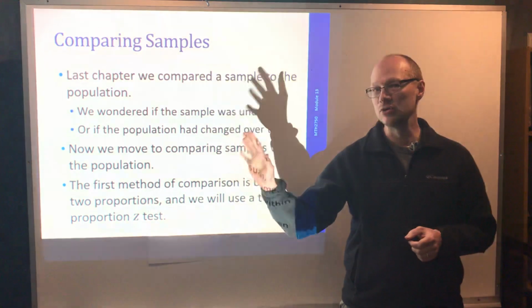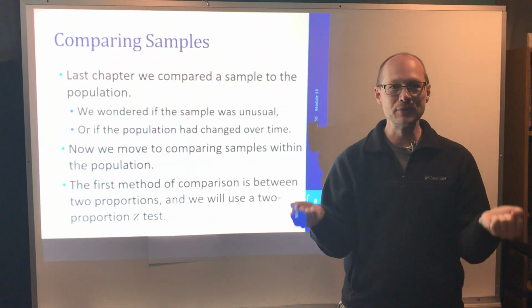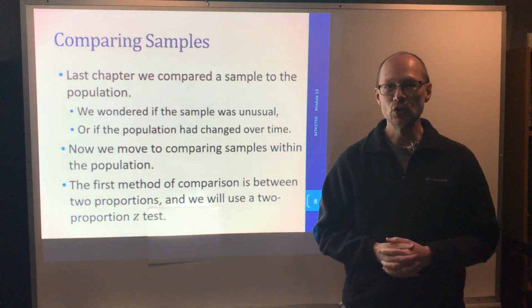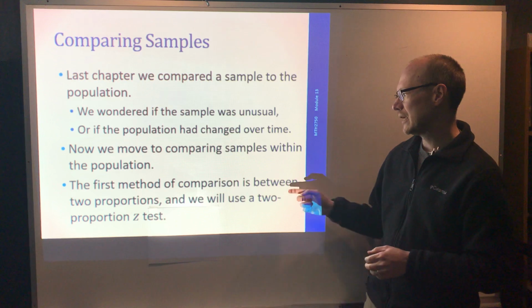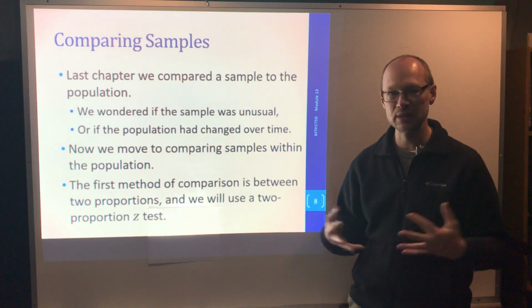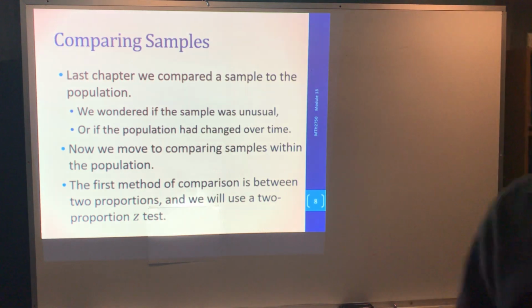A lot of times we don't know stuff about the entire population. We can figure out a lot about the individual samples and see if the two samples agree with one another. It's going to be proportions. It's going to be a 2-proportion z-test. The samples will be large enough, and we'll be able to do a standard z-test, not a t-test.